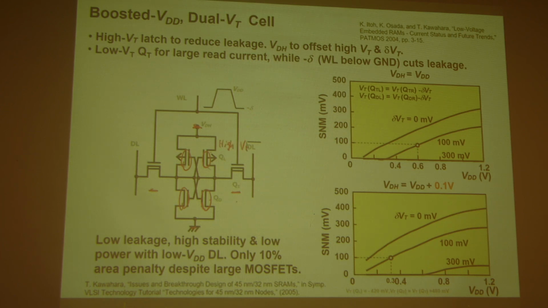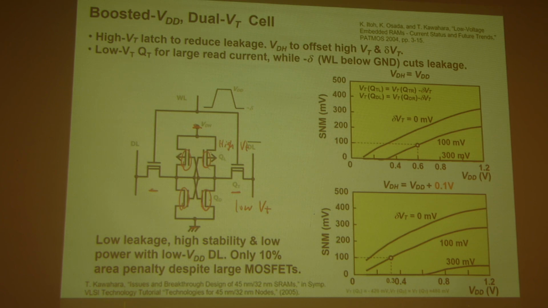And then for the pass gate, you still use low VT, because for the pass gate, you need current to read out the data, and you want large on current, so you have to use low VT for the pass gate. So you can engineer this, and if you do that, then you can improve the noise margin as well, while reducing the power consumption for the standby mode.